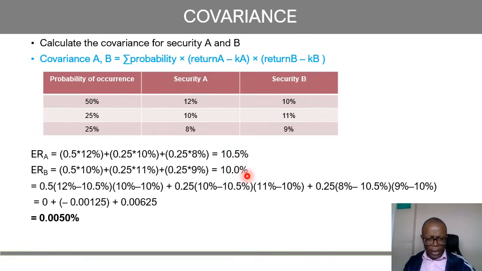Then you just simply plug and play. 0.5 times 12 minus 10.5 times 10 minus 10, which is what we have here, plus 0.25 times 10 minus 10.5 times 11 minus 10, which is what we have somewhere here. Then we have 0.25 times 8 minus 10.5 times 9 minus 10, which is what we have as the last part there. Then you do that and you get 0.05.